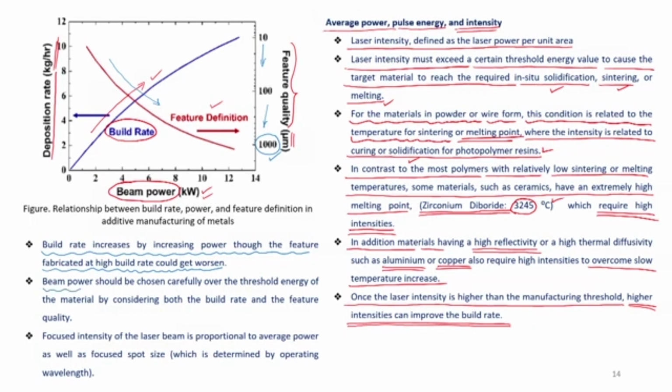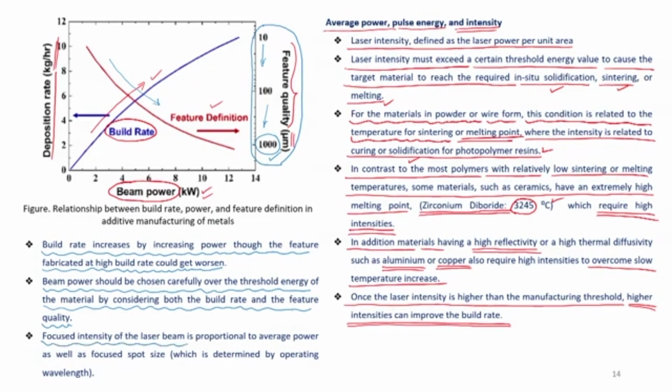So, therefore, the beam power should be chosen carefully over the threshold energy of the material by considering both build rate as well as the feature quality. So, I would like to emphasize again, this is not with respect to the quality, this is with respect to, you can consider, the size over here.